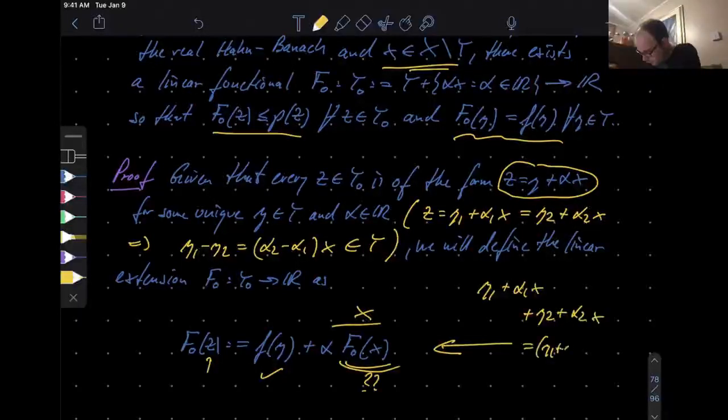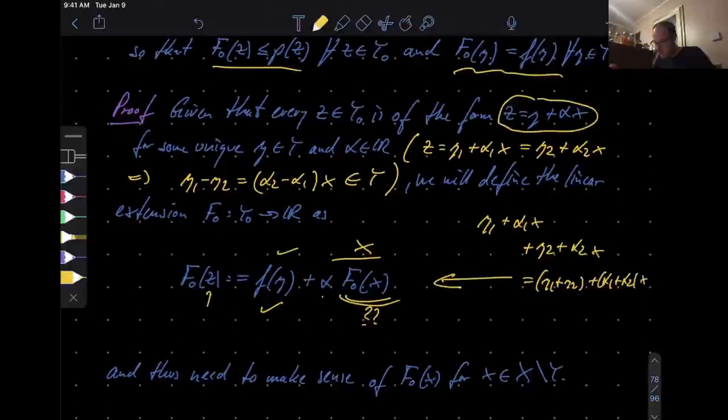So you have y1 plus y2 plus (alpha 1 plus alpha 2) x. So the y part is okay because small f is linear, and that alpha part here out front, of course, is trivially linear. If you have there, instead of alpha, alpha 1 plus alpha 2, you just split them up, right? You don't have to do any splitting here in the f0 part, okay?